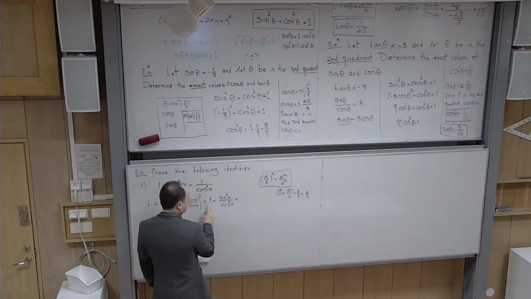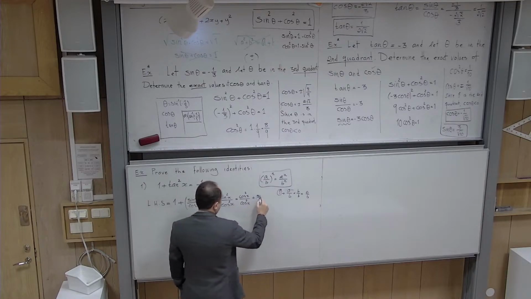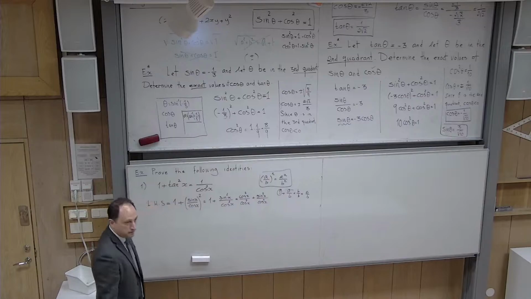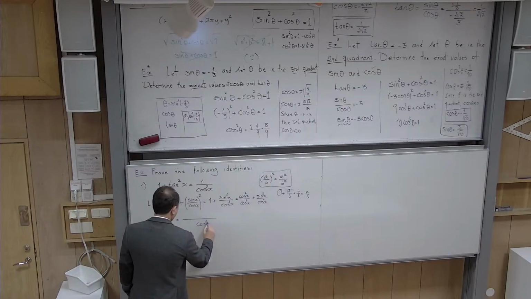So instead of 1, what do you think I will write? Cosine squared x over cosine squared. Yeah, exactly. So I would write cosine squared x over cosine squared x, and then I have plus sine squared x over cosine squared x. Yes? And then what happens, I can write cosine squared as the common denominator.